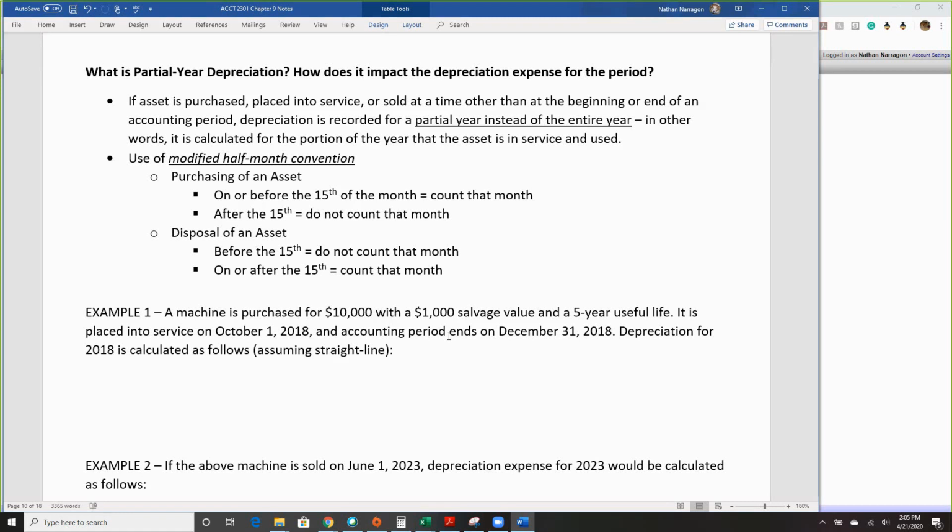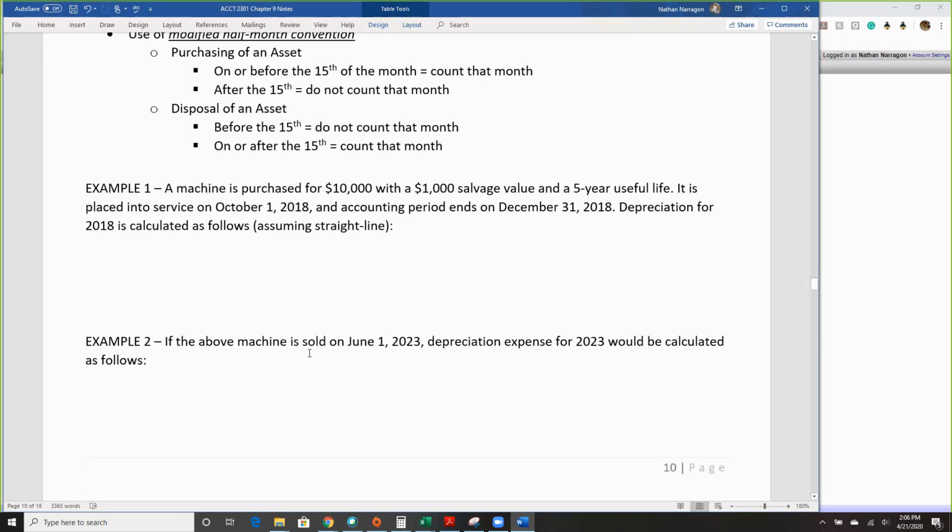So we need to calculate depreciation for the year of 2018. We need to calculate how many months we had it for in 2018. So, how many months do you see that we had this machine in 2018?